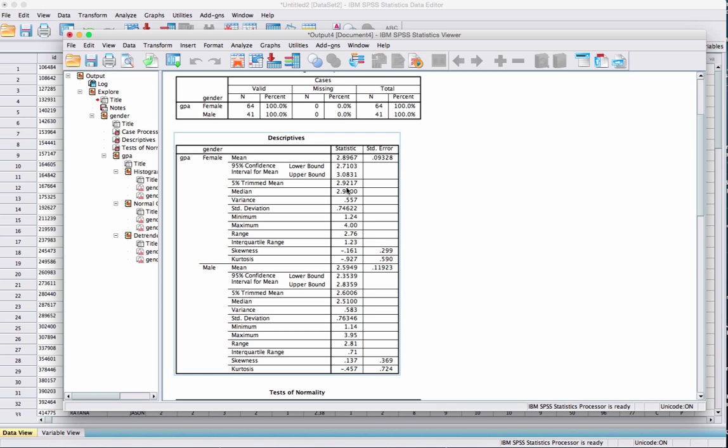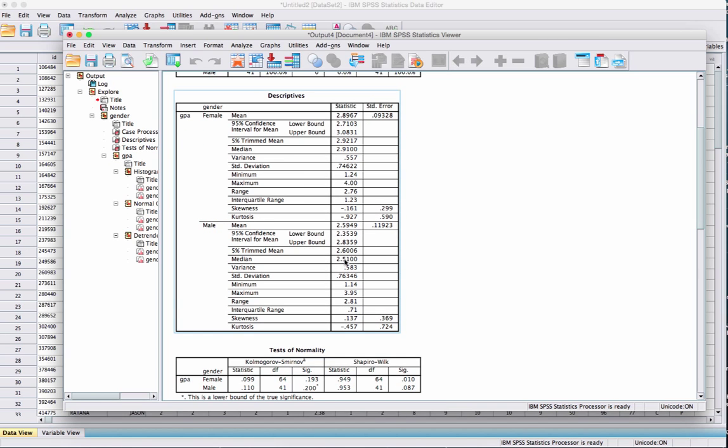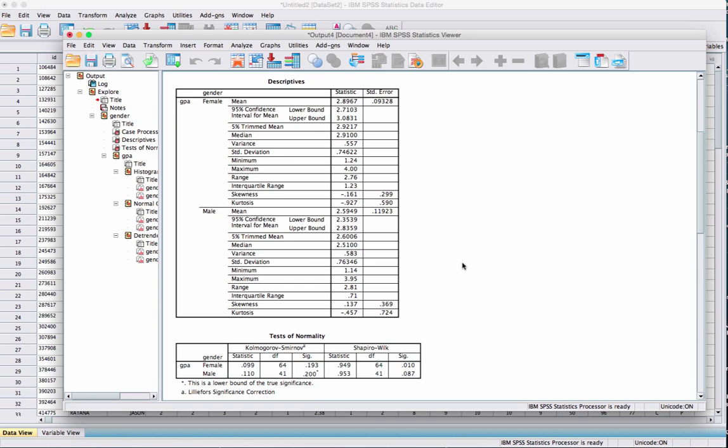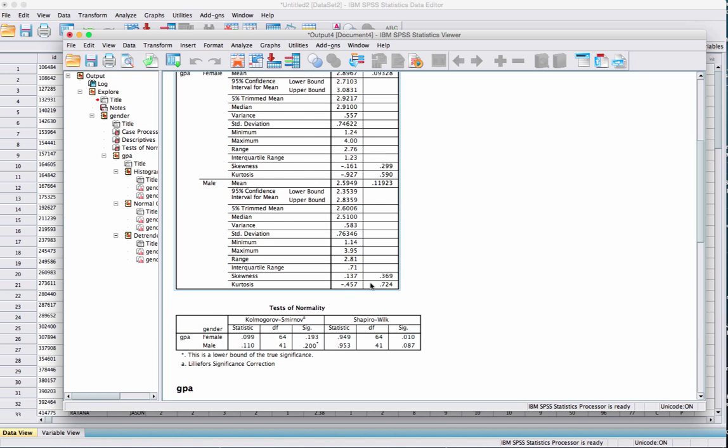And then you see the variances and standard deviations for females, as well as the variances and standard deviations for males. So this gives you the descriptive statistics that we're interested in for our analysis. Oh, the other thing that we get are the skewness and kurtosis values.